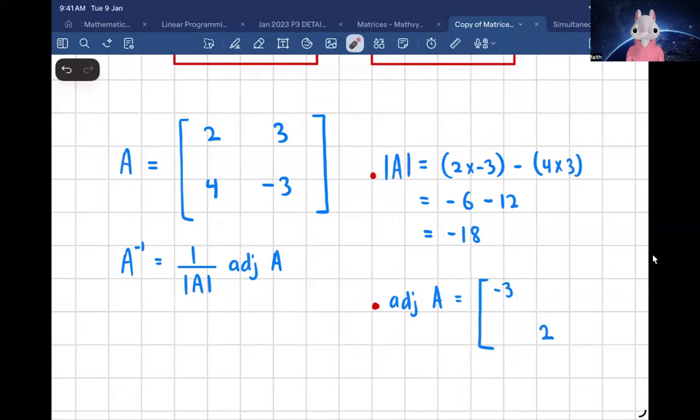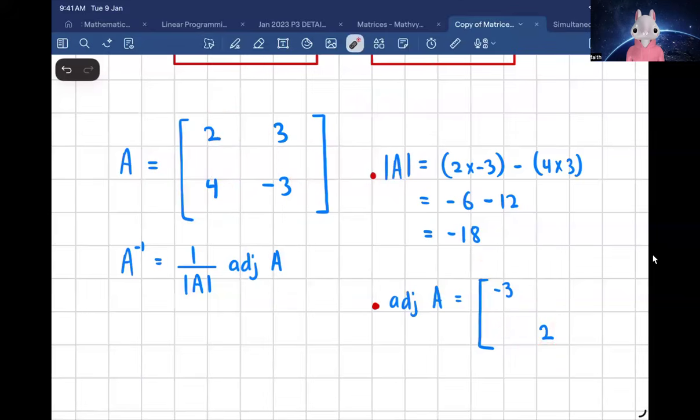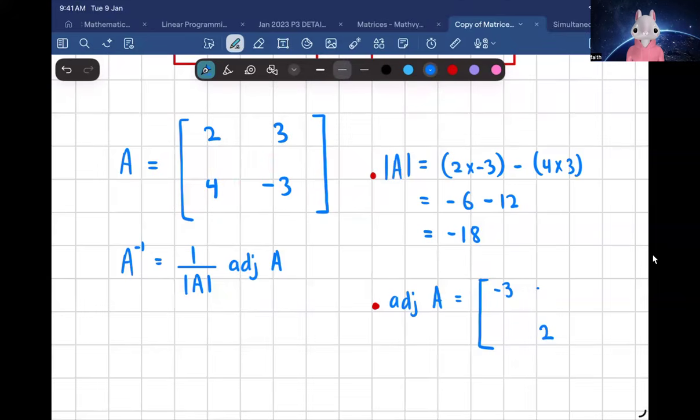Can we see that I just swapped them? And then for the other diagonal, I'm just going to change the sign, so it'll be -3 and -4. Is there anybody that didn't understand how I found the adjoint?